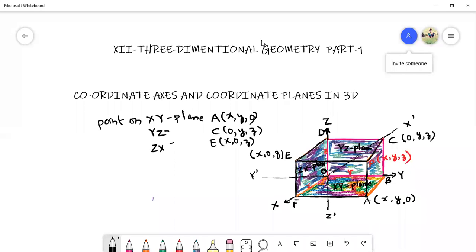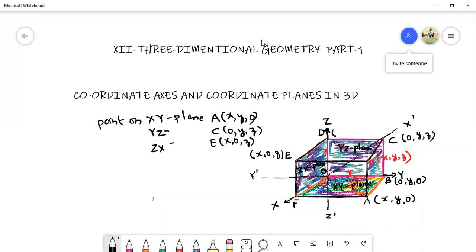Okay. Now the question arises, what will be the coordinates of a point on an axis? B lies on the y-axis. When the point lies on the y-axis, then the x and z coordinates will be 0. Similarly, D lies on the z-axis.